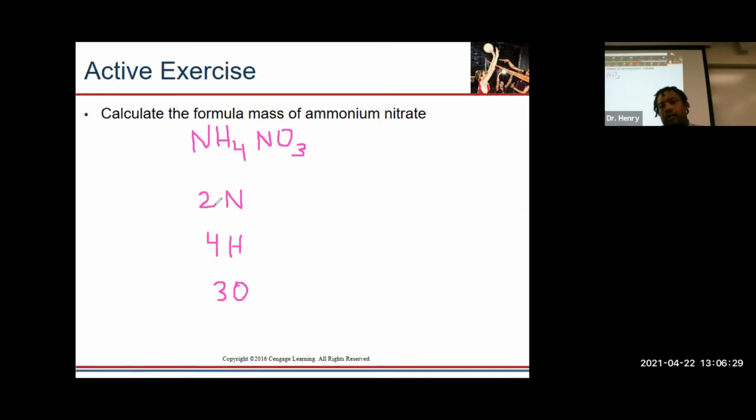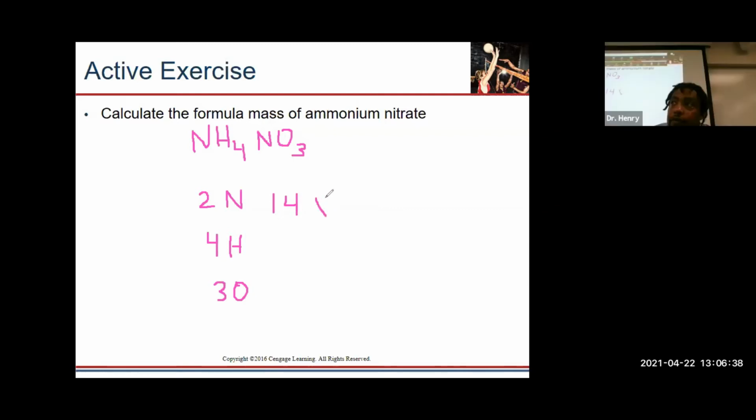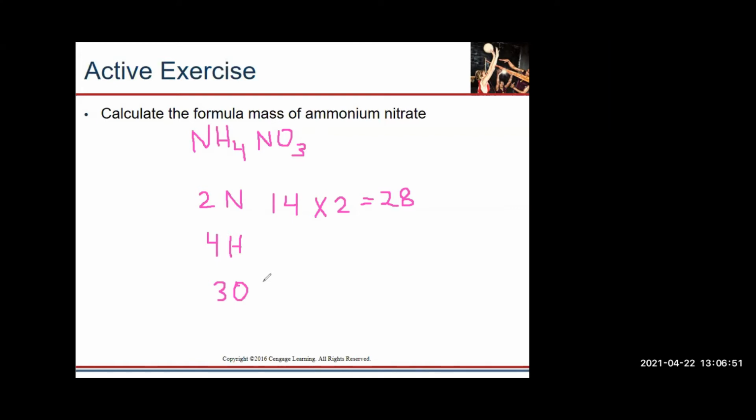Okay, so what is the atomic mass for nitrogen? 14. And there's 2 of them? Yeah. 28. What about hydrogen? 1.